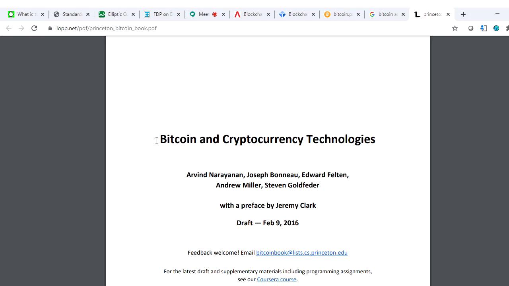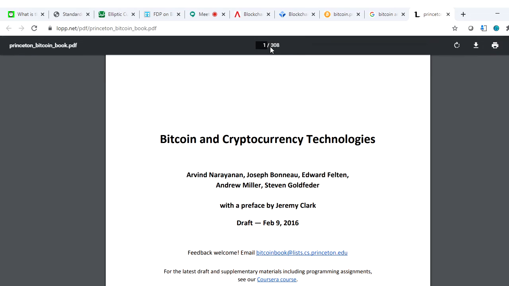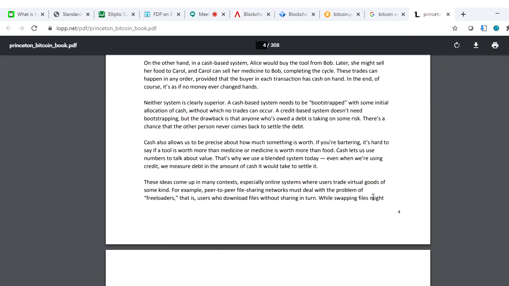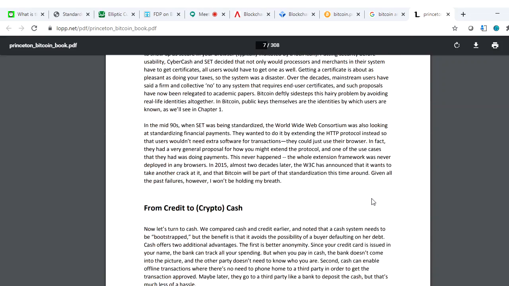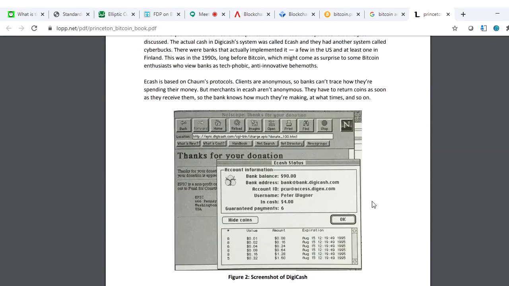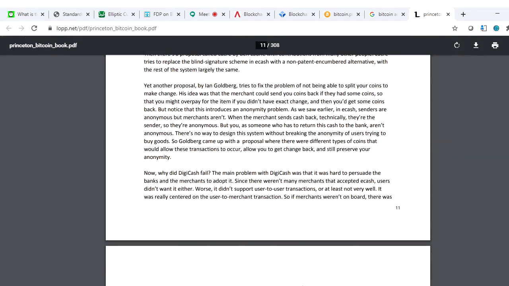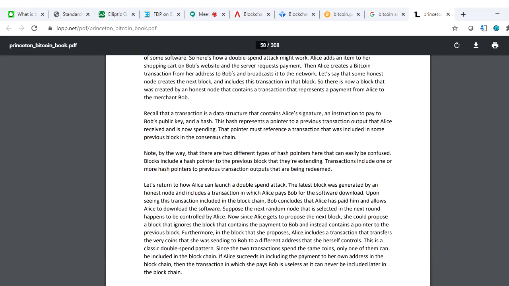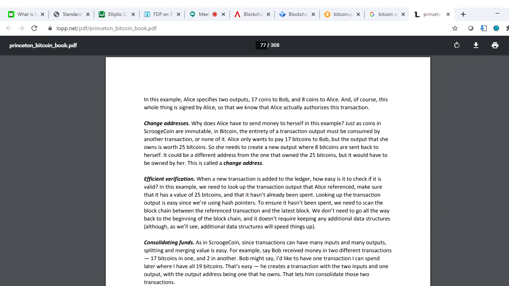See, this is a book of around 308 pages. In Bitcoin and Cryptocurrency Technologies, Arvind Narayanan and his team have given it clearly from the beginning of electronic cash to Bitcoin, and they have gone deep into Bitcoin and how Bitcoin mining will work. Everything they have clearly mentioned in this.